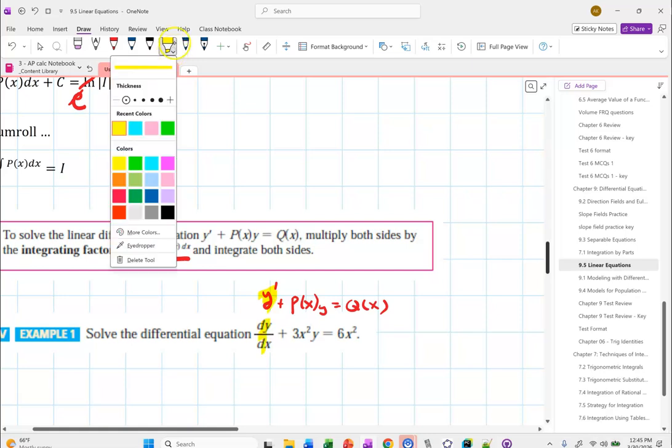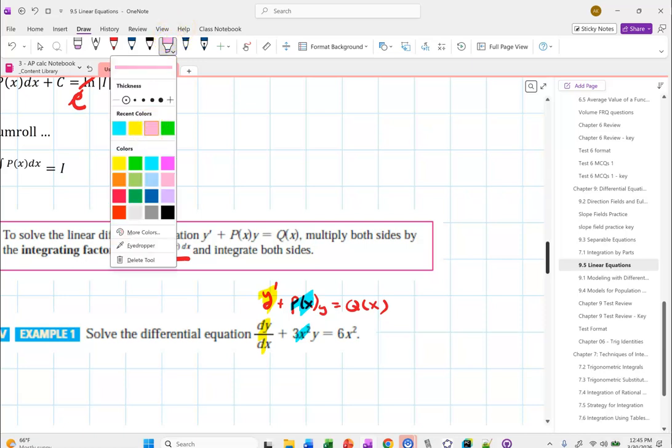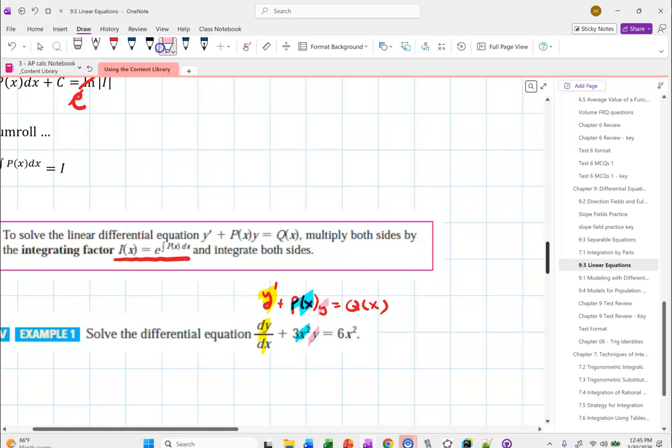So I have y prime plus p of x times y equals some function q of x. We are definitely in the linear form. Everybody cool with what I've checked here initially?